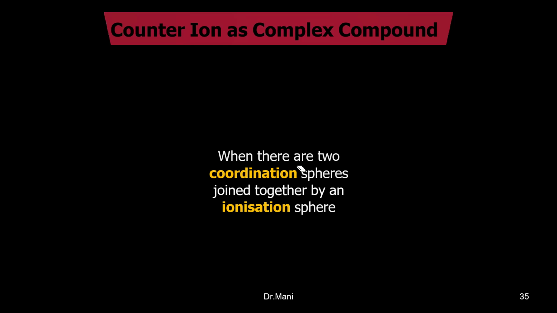Counter ion can also be a complex compound, when there are two coordination spheres joined together by the ionization sphere. Remember, counter ion as complex compound means when there are two coordination spheres, they join together by ionization sphere.